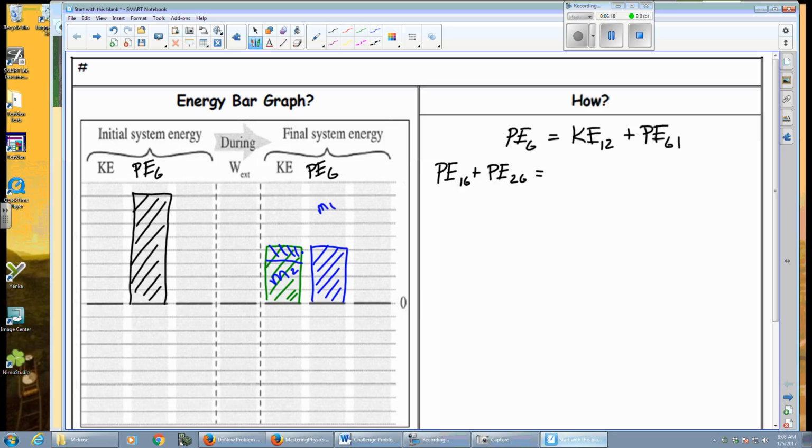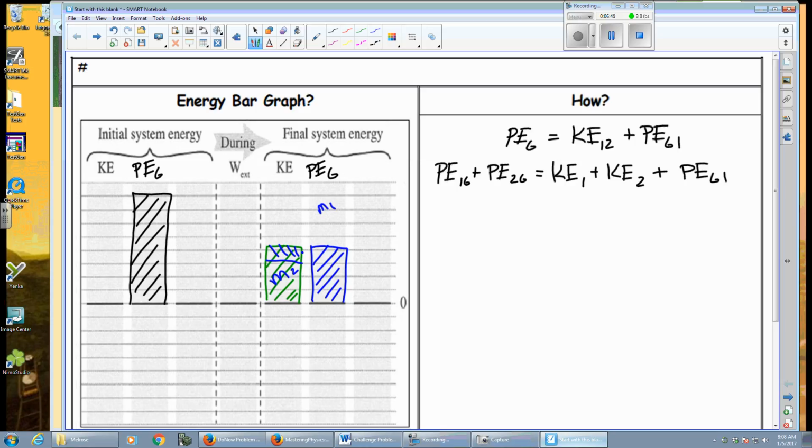And then I already have this side out. Whoops, let's expand that. They're both going to be moving in the second case, but only mass number 1 is going to have any potential energy. All right?